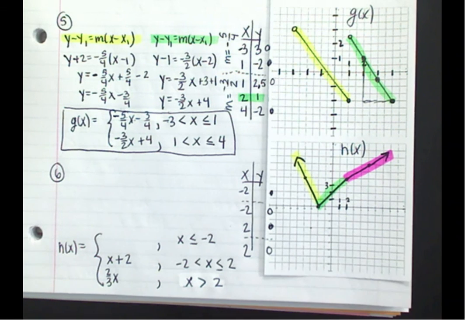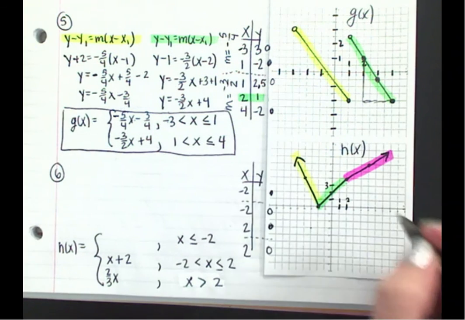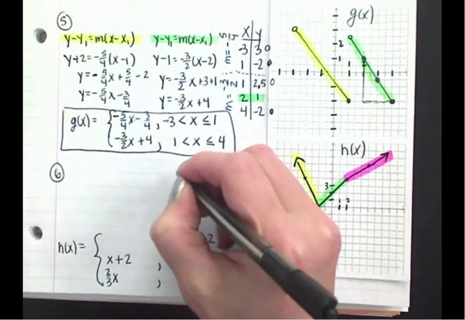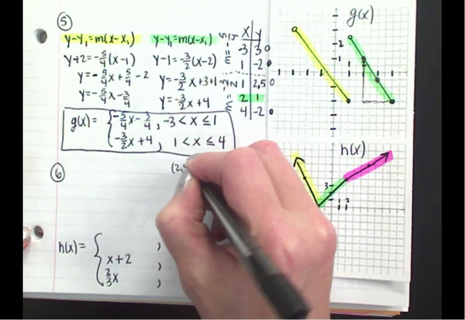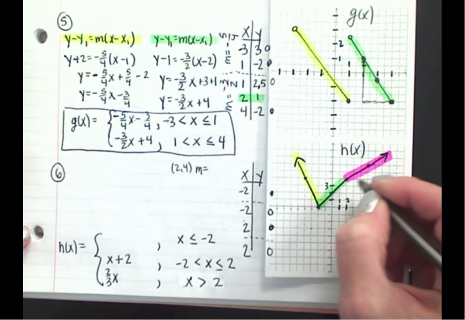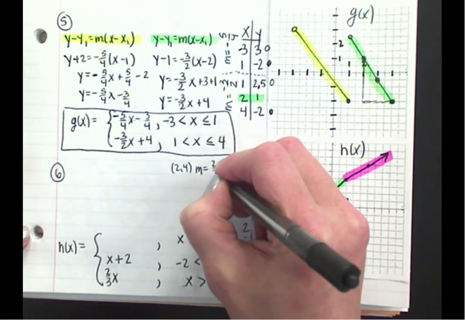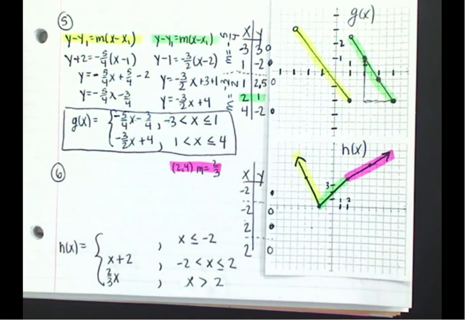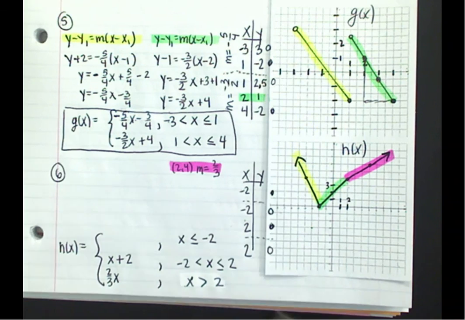No, not really. Okay, so pink is going to take a little bit of work. 2/4 with a slope of 2/3. Okay, I started to do pink and I realized I just didn't have enough information.